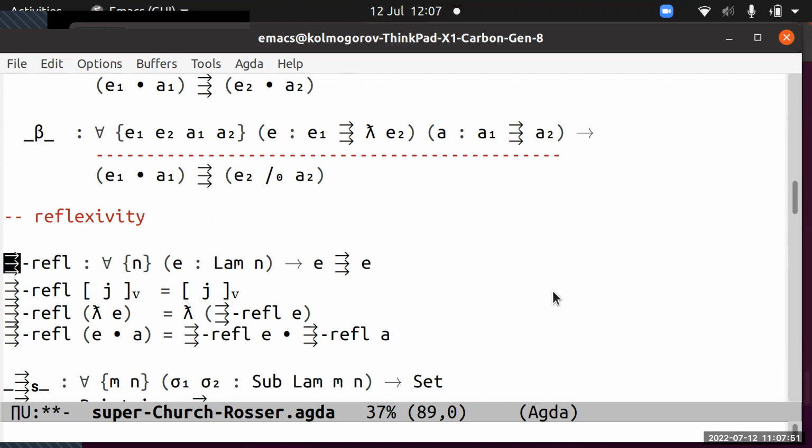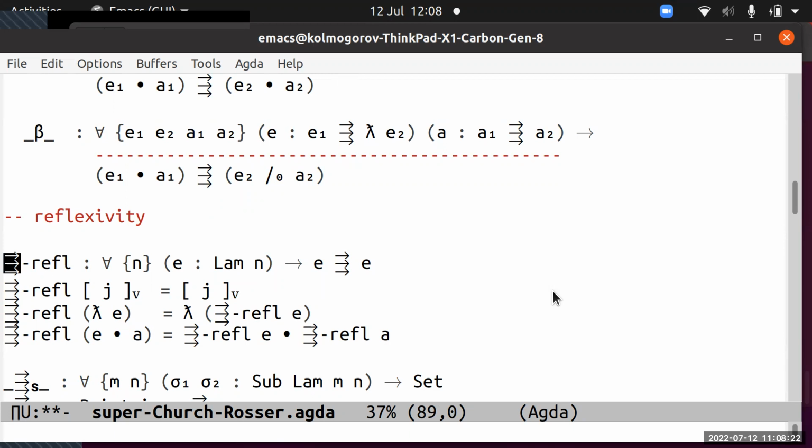And here's a program. It takes a lambda term and produces a proof that E superparallel reduces to itself. And what does it do? Well, it does the thing I sketched on the board here. It does the proof by induction. If it's a variable, then it's a variable. So I use the variable rule, and notice that these are the same constructor names and the same constructor applications, but they have different types.